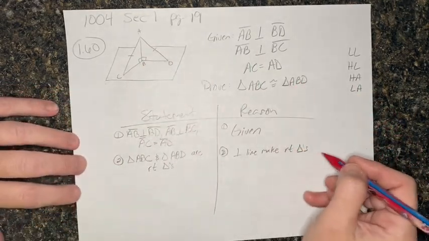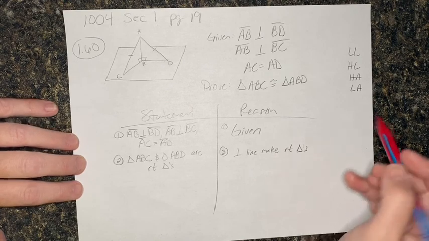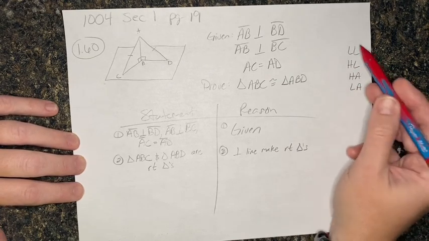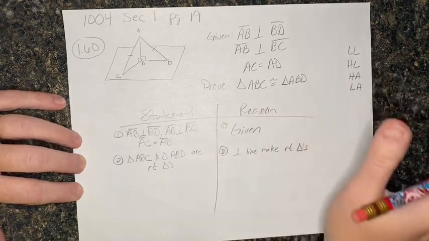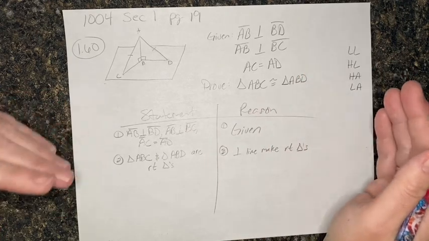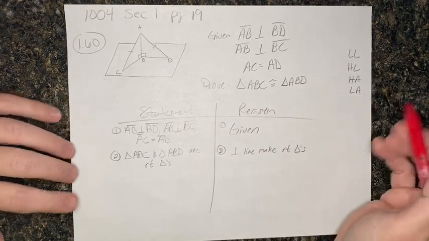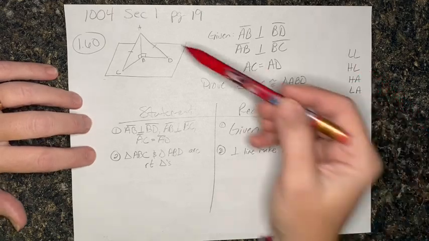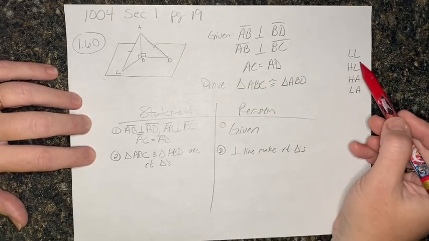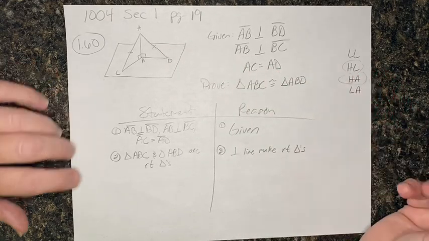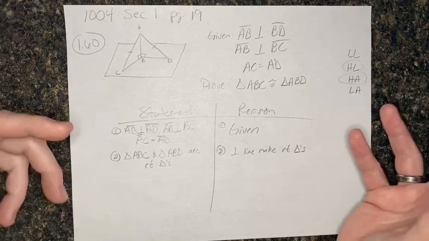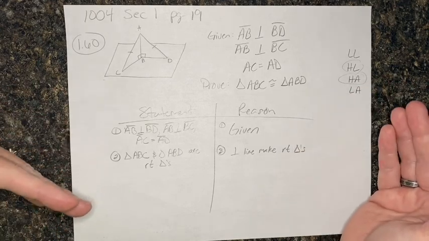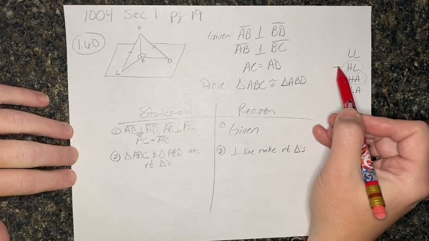We've already proven that we have right triangles. And remember that none of these proof statements have anything to do with the right angle itself. So right now we've got a hypotenuse. So we know it's either going to be this or this. So which one can we most easily prove is true? It's going to be this one, right?